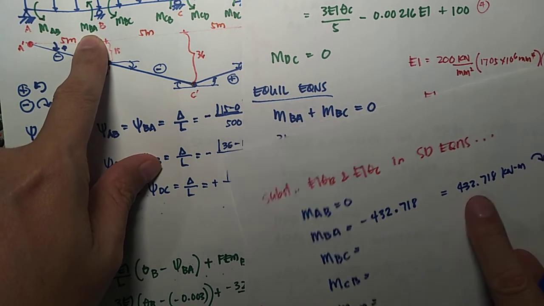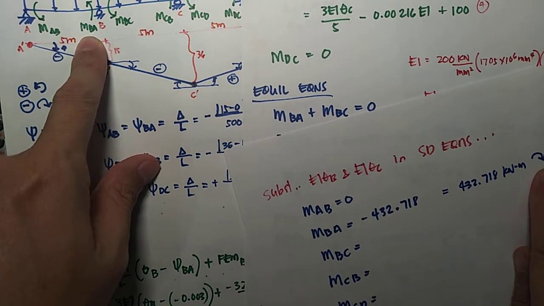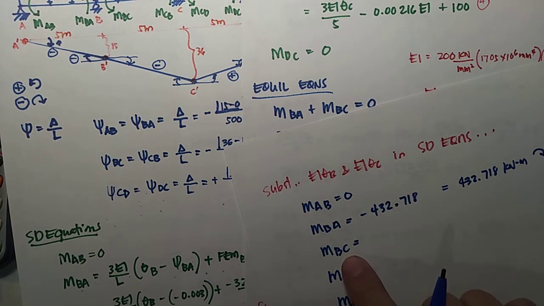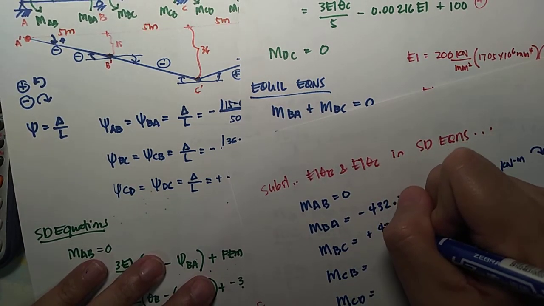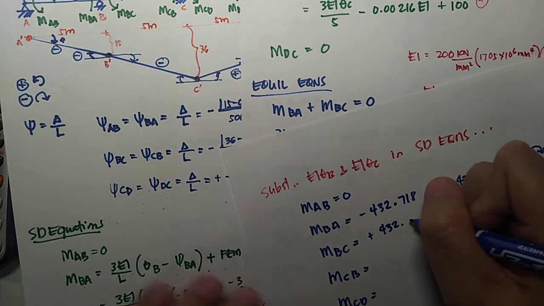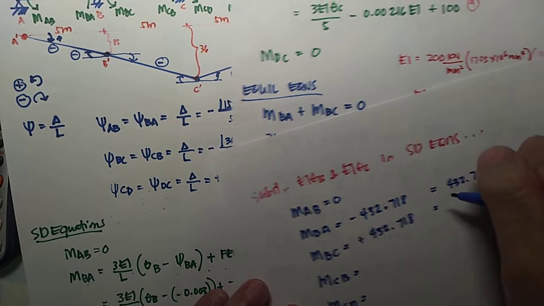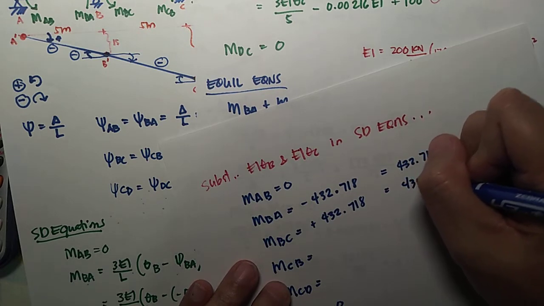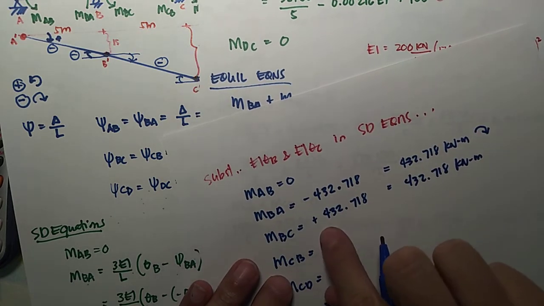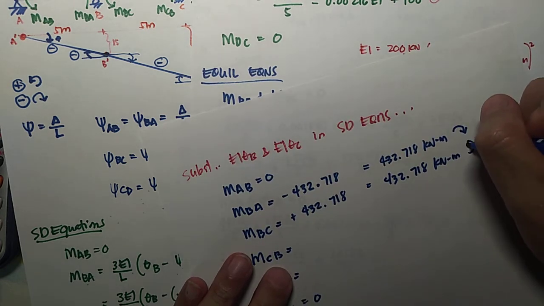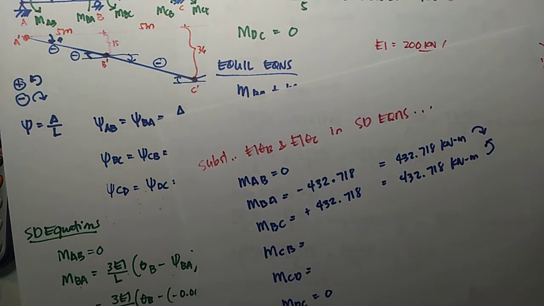So, it would be clockwise. Tinanggal ko na yung negative, tapos nilagay ko doon yung clockwise. Sa BC naman, it would be positive 432.718 kilonewton meter. Positive, that means tama yung assumption natin, and that is counterclockwise.